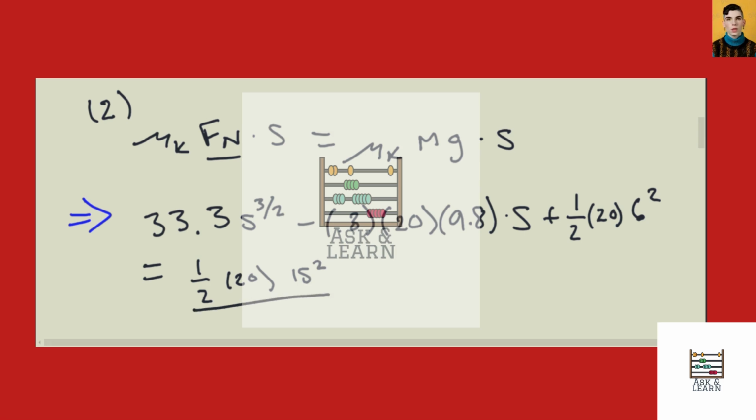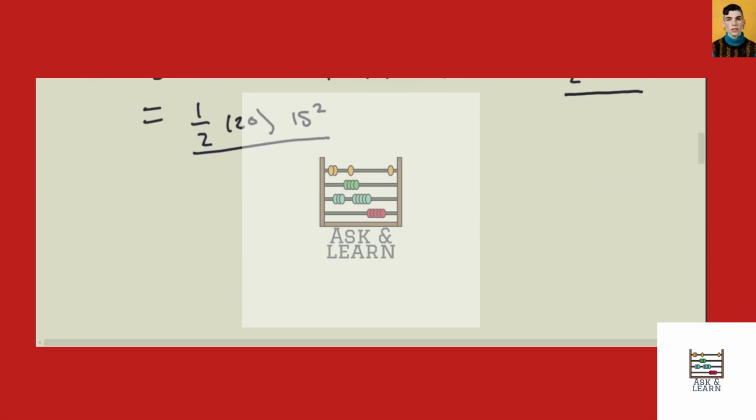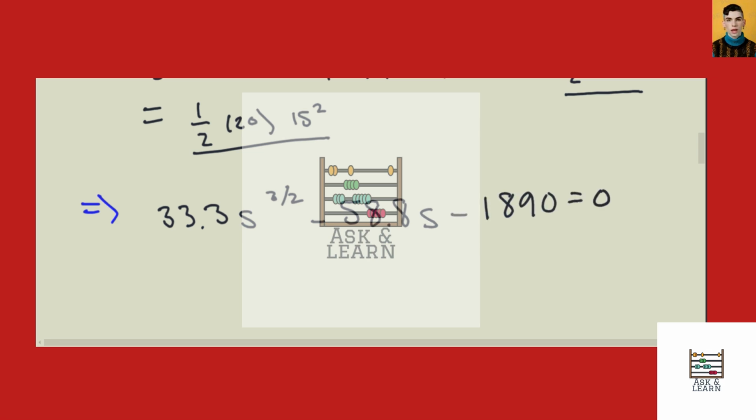We plug this into the calculator and move it to the left side so it combines with this part. Then we still have 33.3 s to the power of 3 halves minus 58.8 times s minus 1890, and all of this equal to 0.